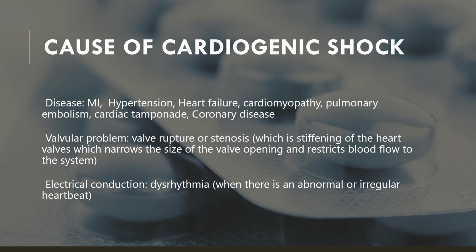This causes stiffness of the heart valves, which narrows the size of the valve opening and restricts blood flow into the system. The last group talks about electrical conduction, normally dysrhythmia. This happens when we have abnormal or irregular heartbeats.